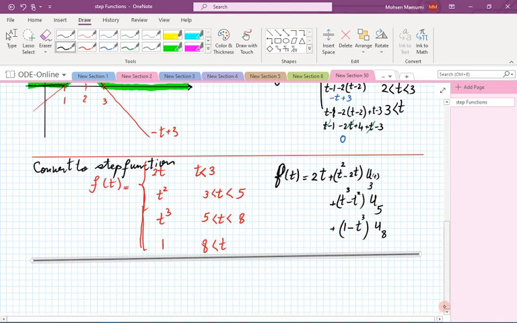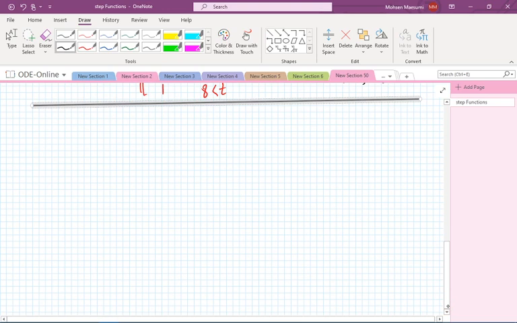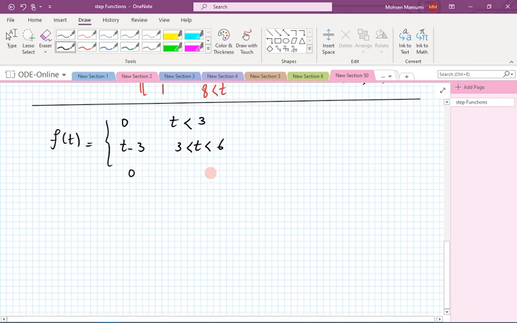Okay, now let's go ahead and tie our problems to problems in Laplace Transform. So suppose I have a function, let's call it f of t, and it is 0 for time less than let's say 3 seconds, and then it is t minus 3 for t between 3 and say 6 seconds, and say it is 0 for time t larger than 6 seconds.